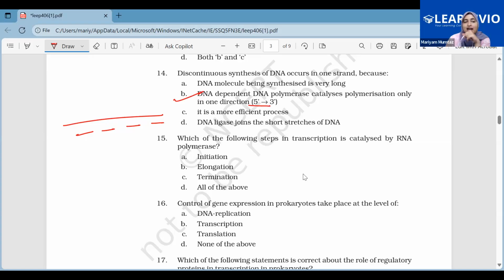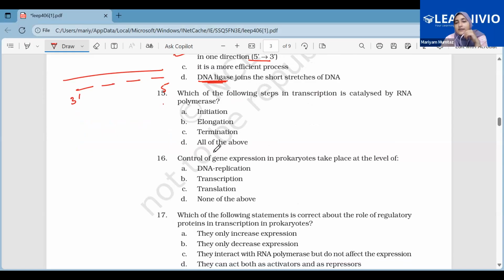Because this one had the polarity 3' to 5', and the DNA replication has to happen 5' to 3'. That is why it was made in fragments. And then later on, these fragments are joined by which enzyme? DNA ligase. It's written here only.